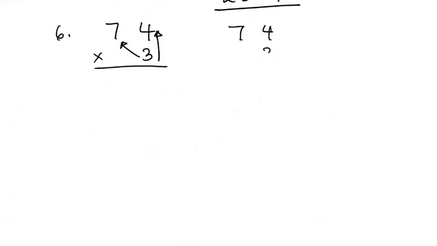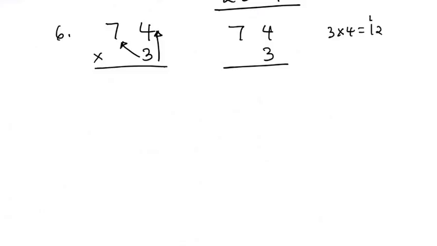The 6th example. We have 74 multiplied by 3. And looking at it, same pattern. The number below will multiply. And let's see how it plays out. 74 times 3. We have 3 times 4.